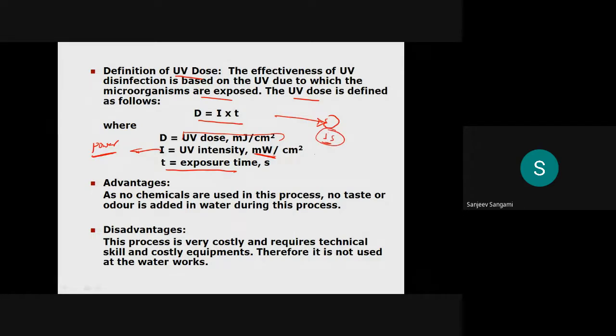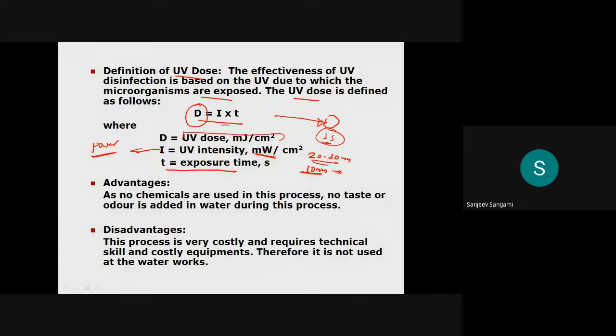If it is exposed for 20 to 30 minutes, or at least more than 10 minutes, the killing of the pathogens is going to happen. It depends on the exposure time also. So the dose you are applying is equivalent to the UV intensity and the exposure time. This W stands for the watt.